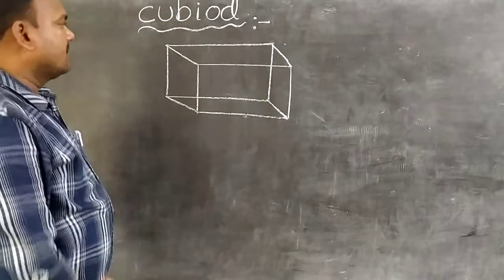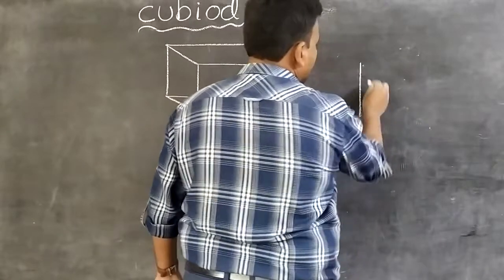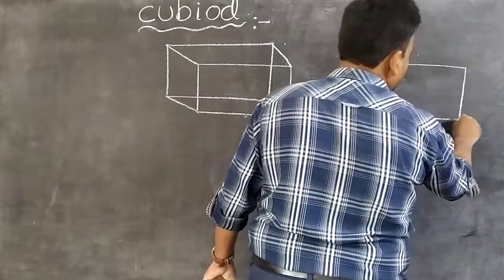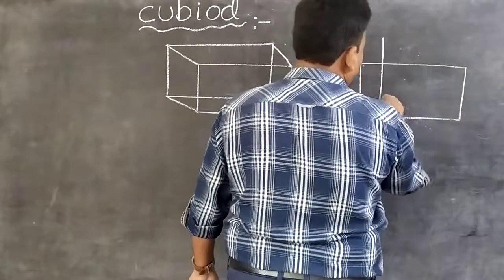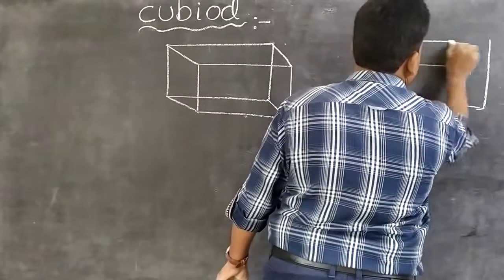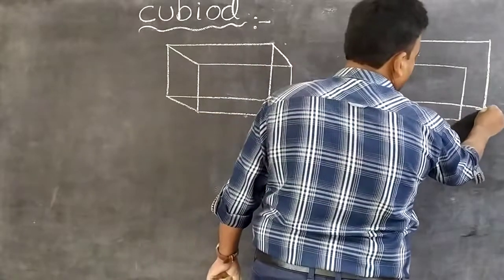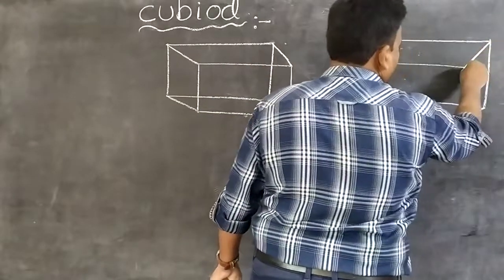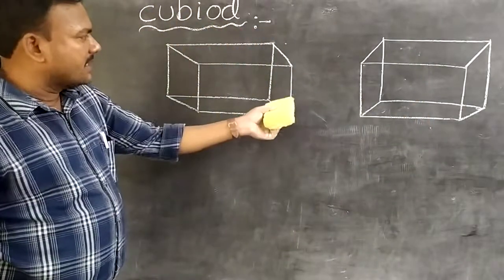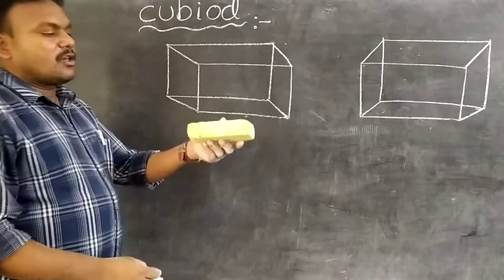This is one of the cuboid parts, or you can take another one. Take a scale and draw. You can easily identify cuboid parts, students. This is a cuboid.